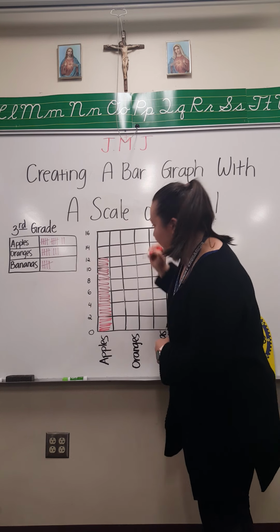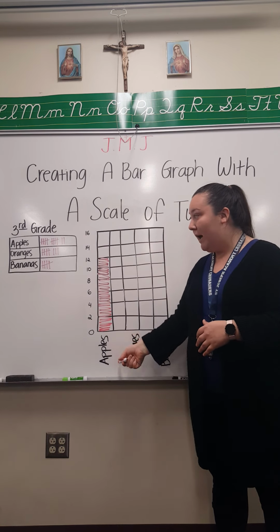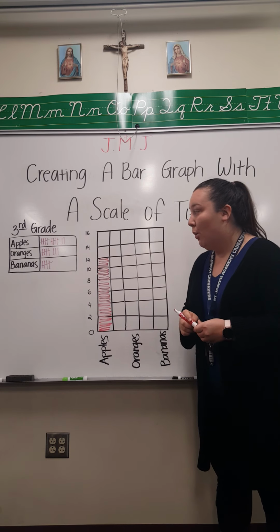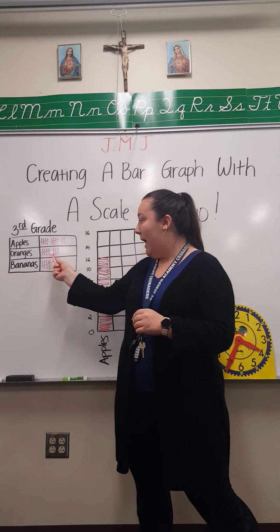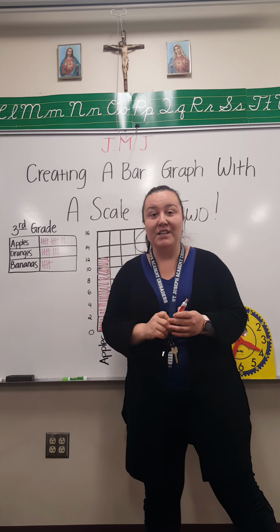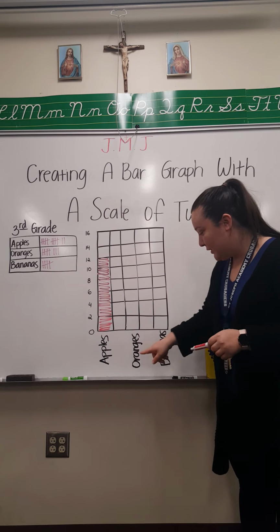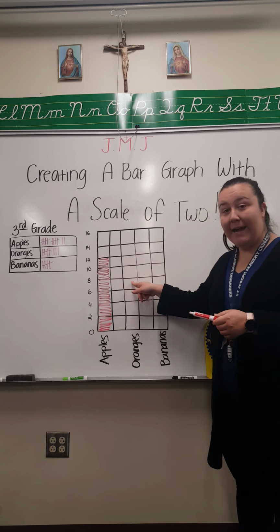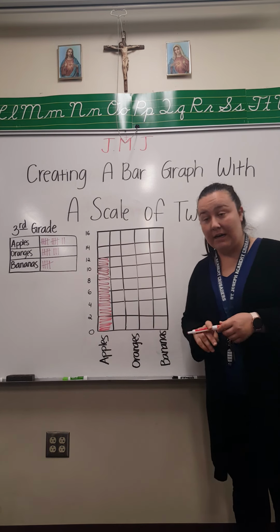All right, so 12 students liked apples. Now, oranges, we have 8 students liked oranges. So we're going to go to oranges and we're going to shade all the way up to 8 because only 8 students liked oranges.